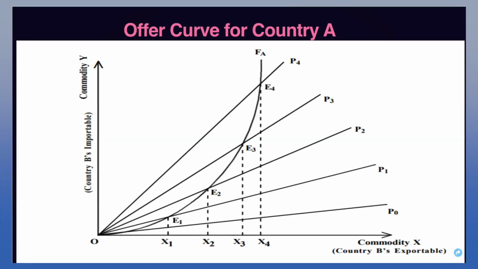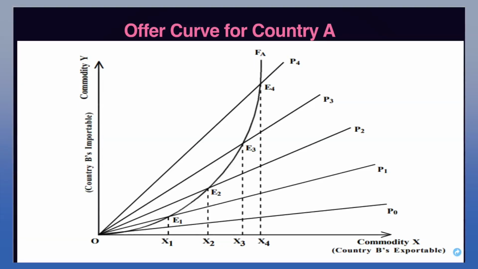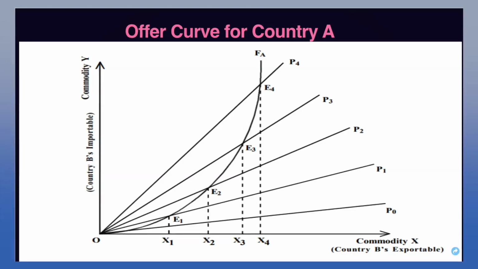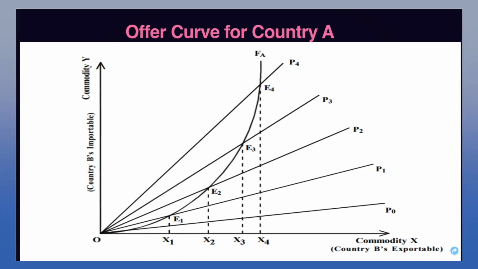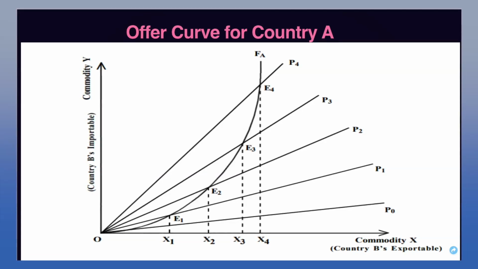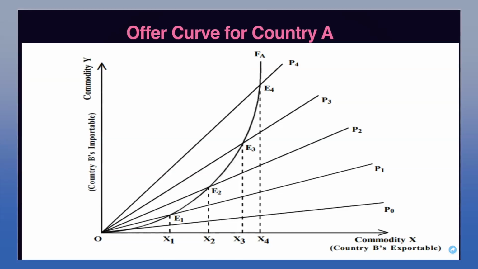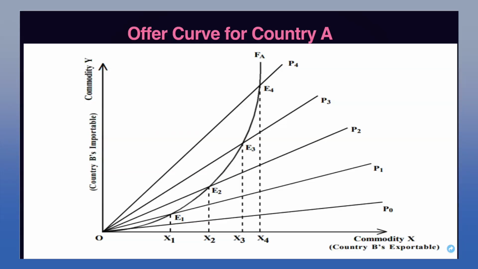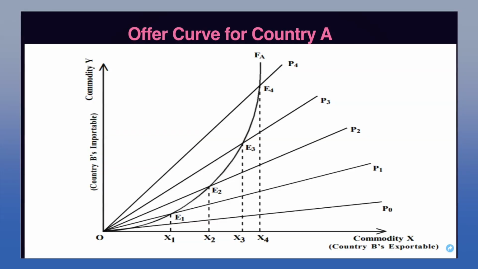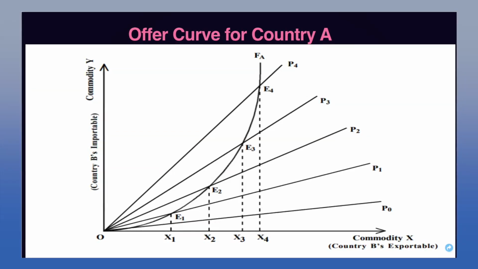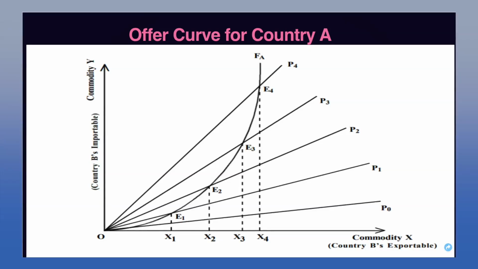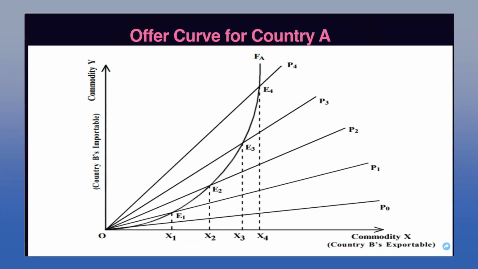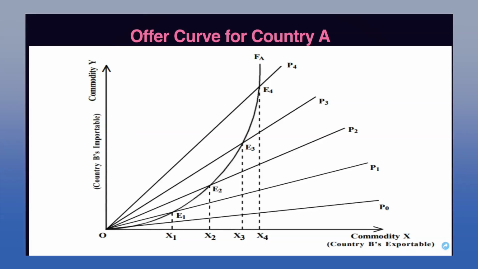Similarly, at points of exchange E2, E3, E4, the units exchanged between countries A and B respectively are OX2 of X and E2X2 of Y, OX3 of X and E3X3 of Y, and OX4 of commodity X and E4X4 of commodity Y. In other words, country A exports OXi units of commodity X in exchange of EiXi units of commodity Y from country B, where i is 1, 2, 3 and 4.